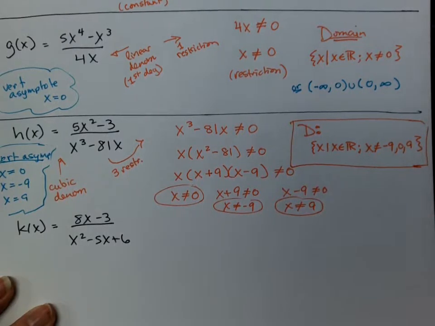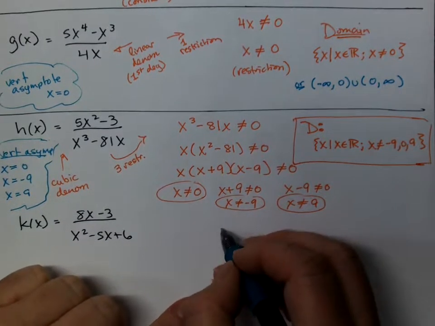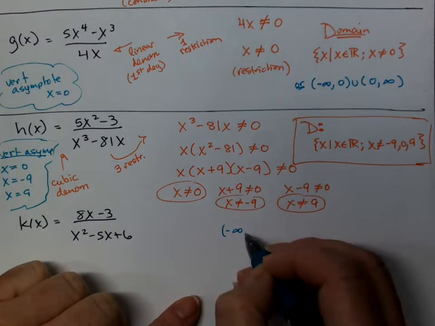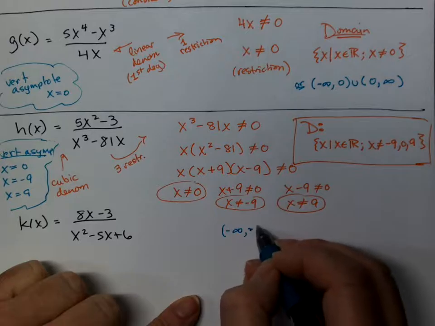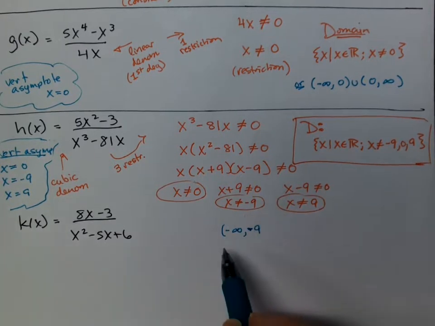Now, if you wanted to write it in interval notation, how many gaps, how many U's, how many jumps do you have? Our smallest value is -infinity, and we go up to where? -9. Why -9? Because we're moving from left to right. Interval notation always goes from the smallest to the greatest.